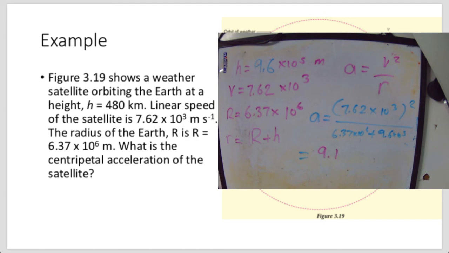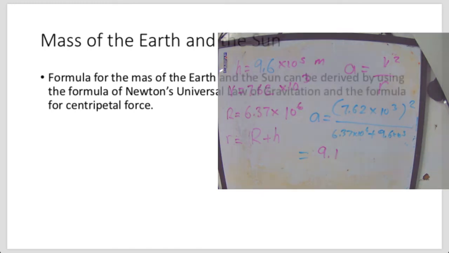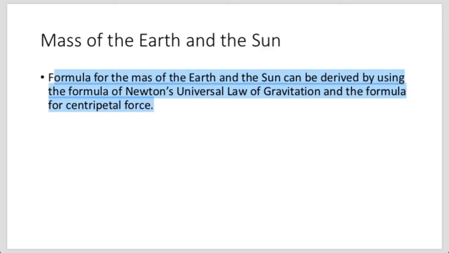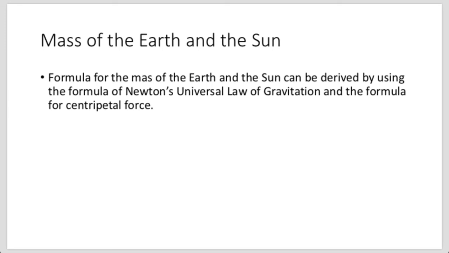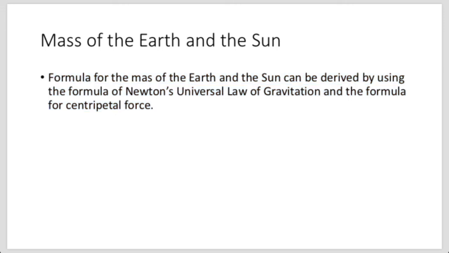Okay, let's continue. The formula for the mass of the Earth. Last two slides. This one you can just see in your textbook. The formula for the mass of the Earth and the mass of the Sun can be derived by using the formula for Newton's universal law of gravitation and the formula for centripetal force.